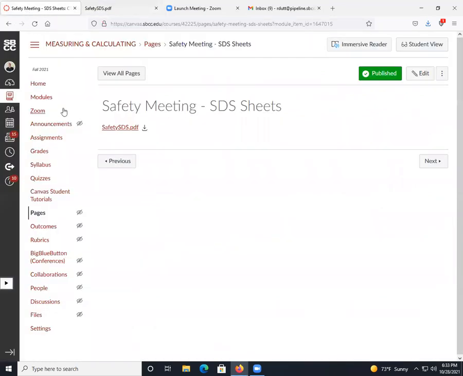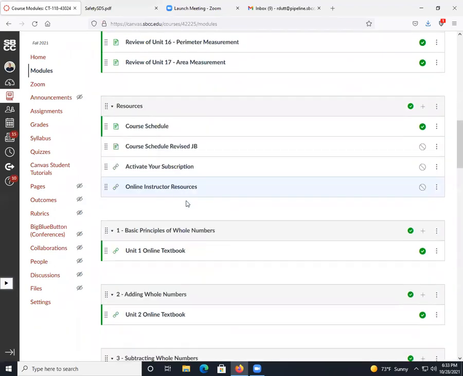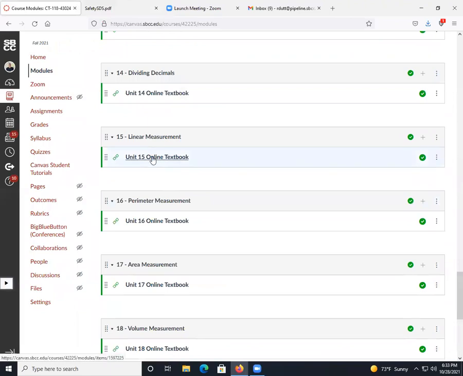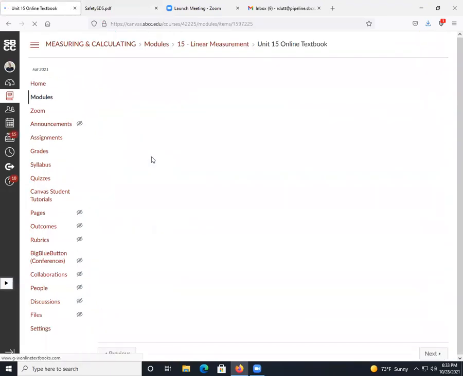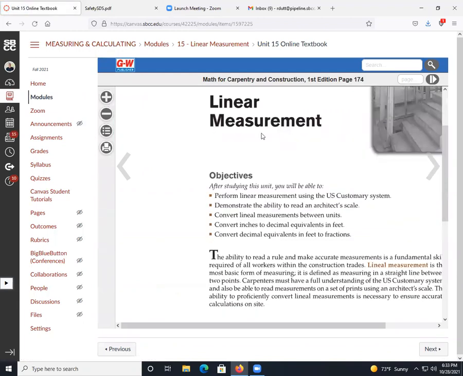Here we go. We'll go to modules, and what are we doing? Oh, sorry. We're starting with linear measurement right out of the book. Right out of the book. The online textbook.